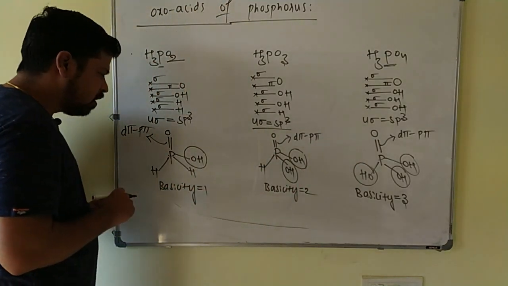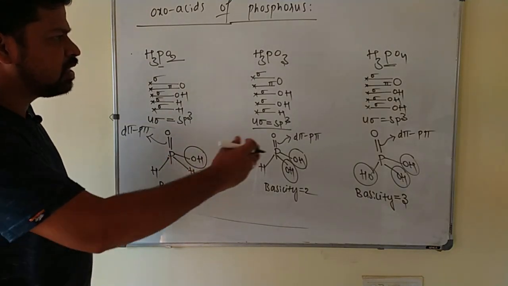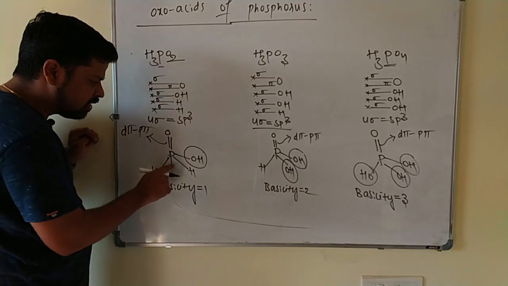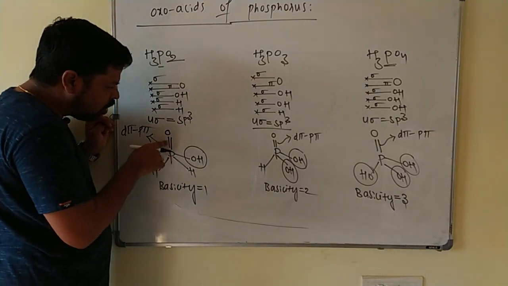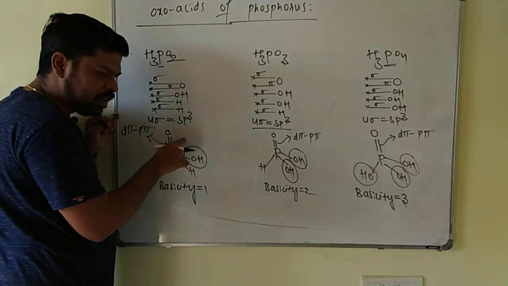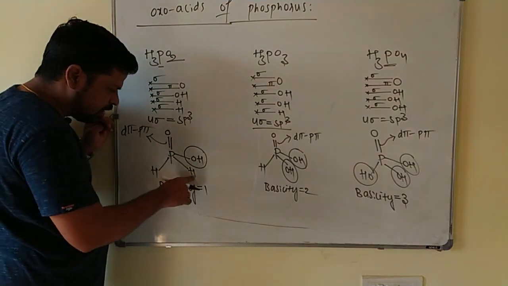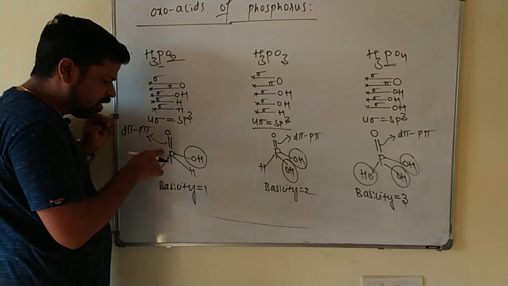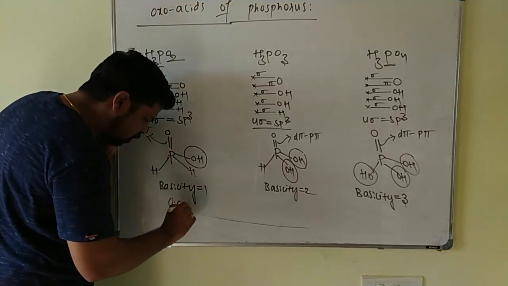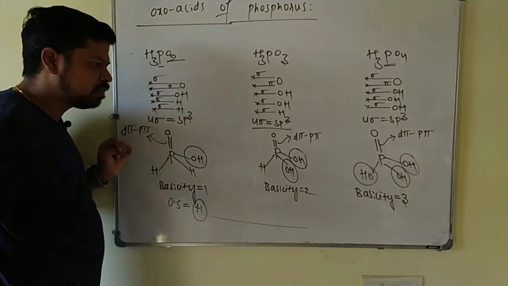Another point, now we can write the oxidation state of this phosphorus. In this one, with the oxygen it loses 2 electrons, and with this one it loses 1 electron. Total is plus 3. It gains 2 electrons from hydrogen because phosphorus is more electronegative. So the oxidation state is plus 1 here.